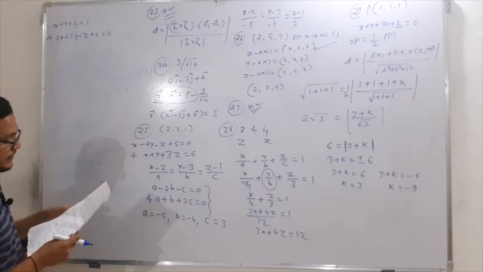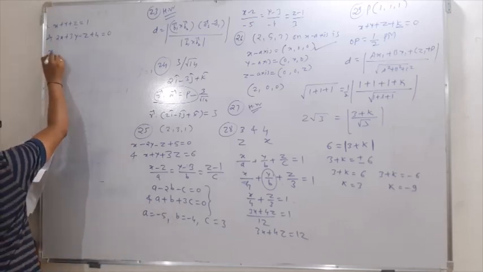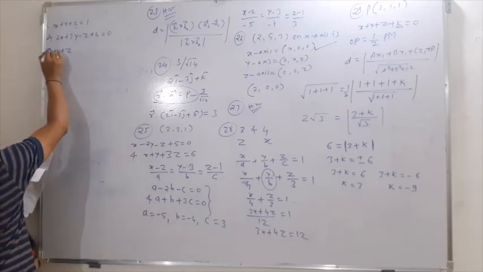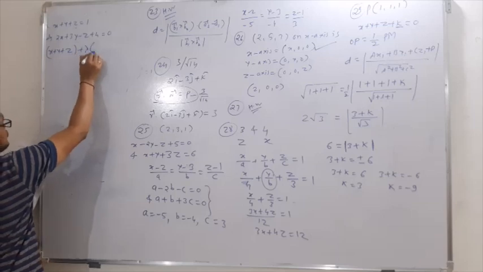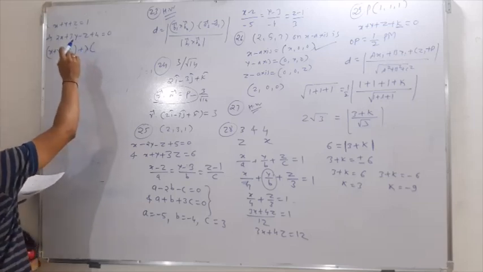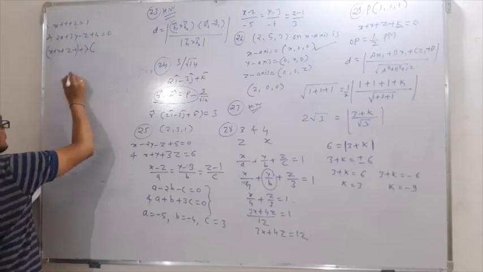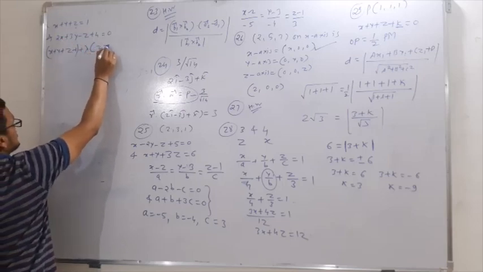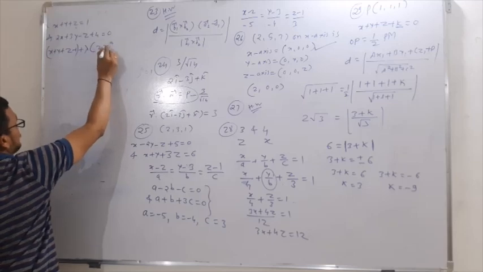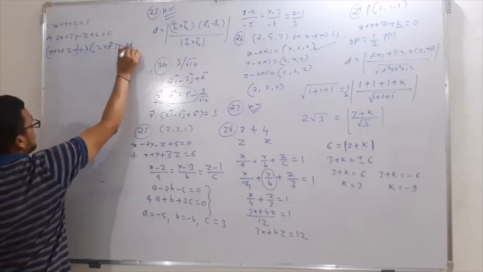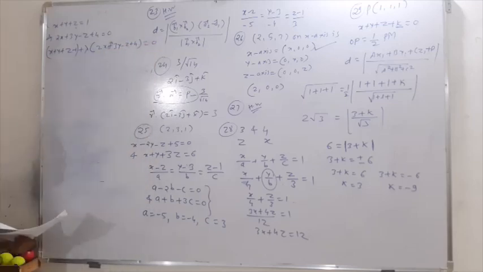Whenever two planes are given, how do we write the equation? x plus y plus z, plus lambda into, minus 1 (you can transfer the 1 here), plus lambda into 2x plus 3y minus z plus 4 is equal to 0.